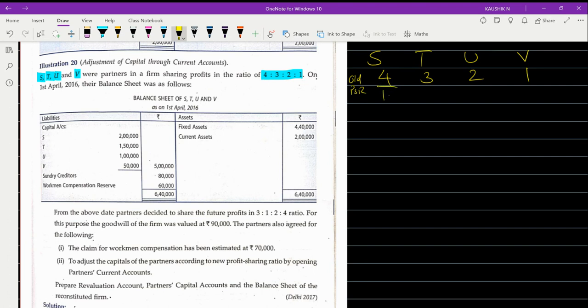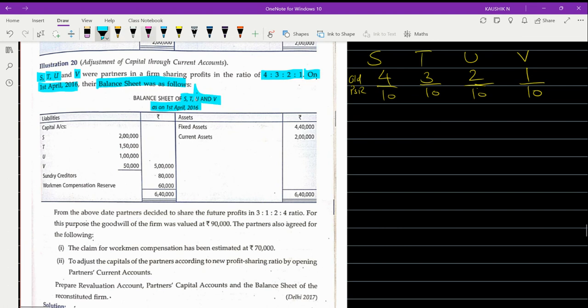So 4 by 10, 3 by 10, 2 by 10, and 1 by 10. It was mentioned that on 1st of April 2016, their balance sheet was as follows. So we have been given a balance sheet, the beginning of the year, the balance sheet of S, T, U, and V.